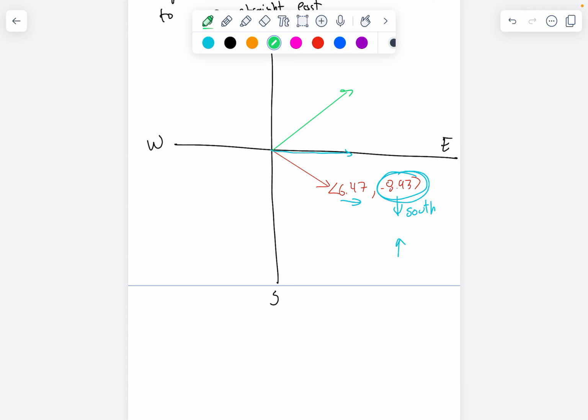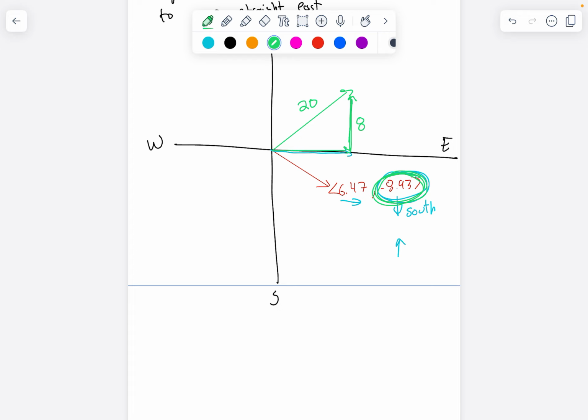Okay, I know that my boat generates 20 velocity, 20 miles per hour, so that's the magnitude of this vector. This horizontal component doesn't matter. It's going east. We like east. East is good. This vertical component matters a lot. This vertical component has to counteract this component going south if I want to go purely east, not north and south at all.